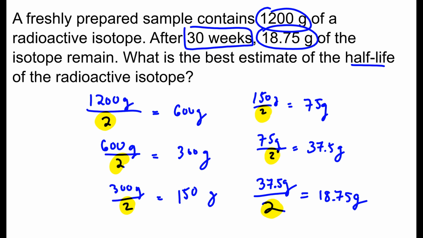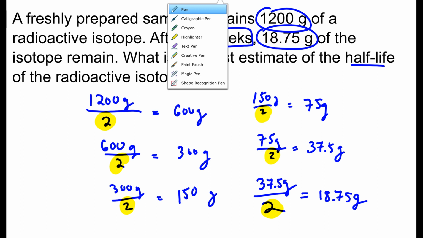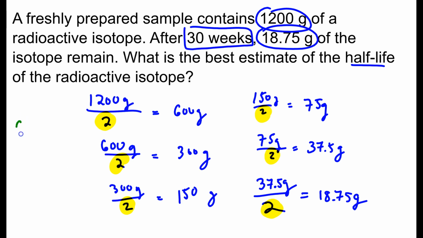And so we say, okay, 6 half-lives have passed. And 6 half-lives is equal to how long? 30 weeks. If you divide both sides by 6, 1 half-life would be 5 weeks. And that is our answer.